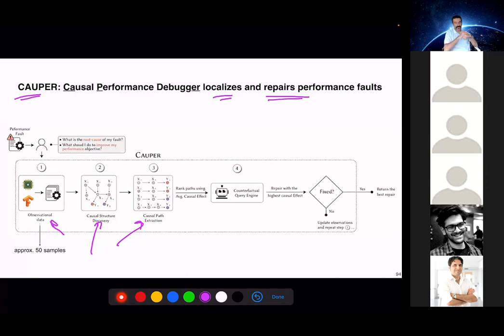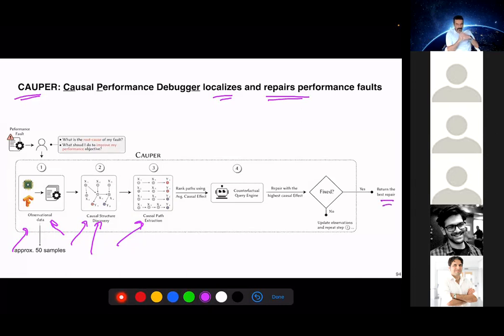It is an iterative approach. We start with some observational data, we extract some causal structure based on some predefined causal structure discovery approaches, and then we do this iteratively until we find a repair for these faults.